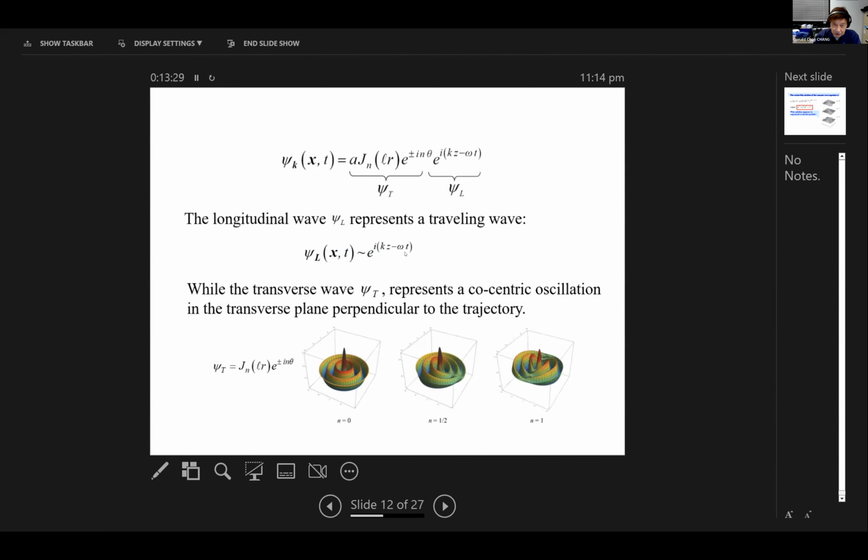The solution for these two components is given over here. The longitudinal component of this traveling wave is really very simple. But the transverse component actually includes two parts. One is the Bessel function of the first kind, and the n could be an integer or half integer, like 0, 1/2, 1, 3/2, 2, and so on.